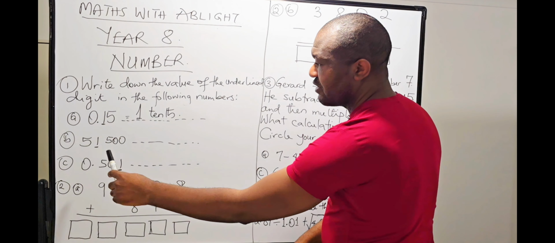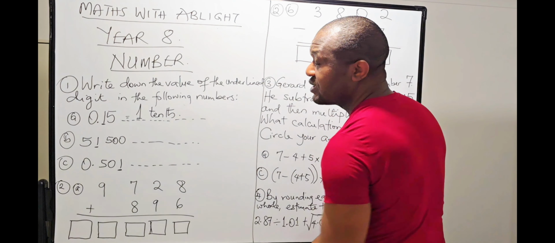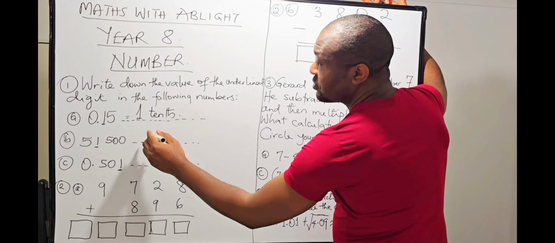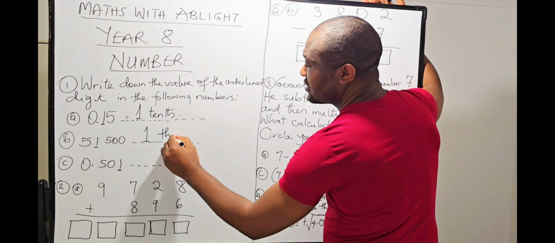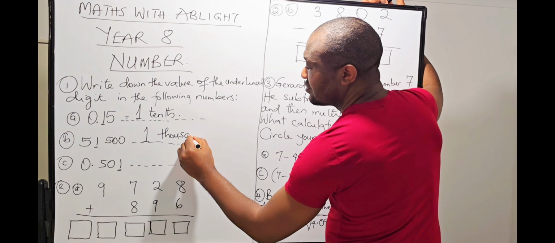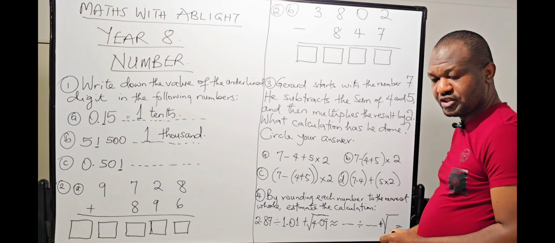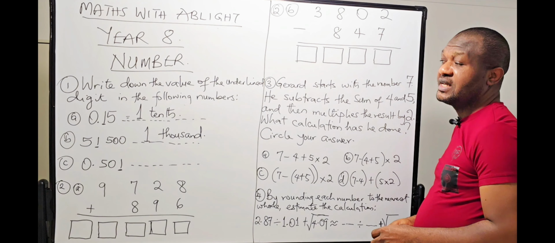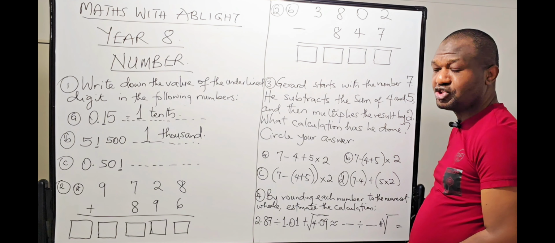You name them towards your left-hand side. This is your tens, this is 100, and this is what? 1,000. So you are going to write it like this: 1,000. With no th.